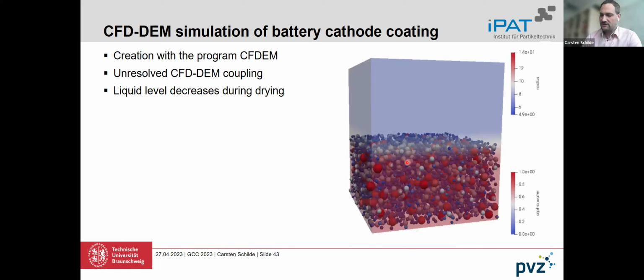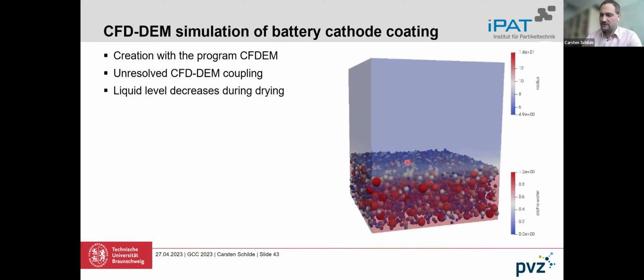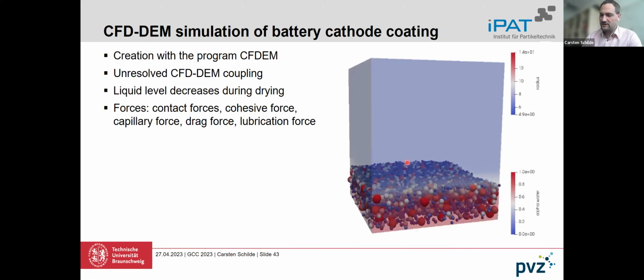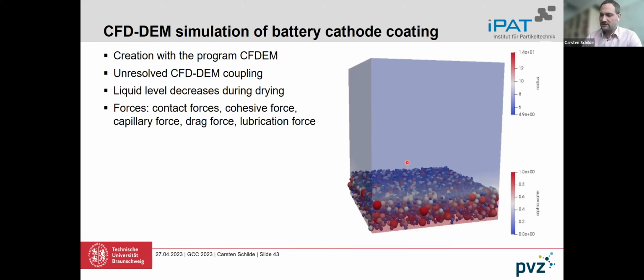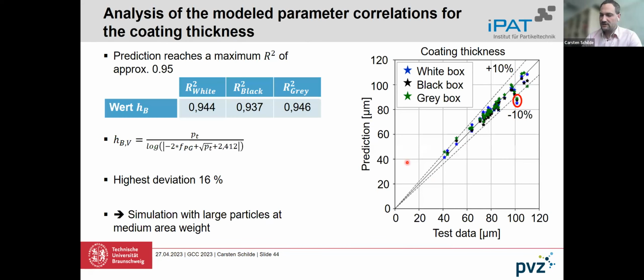And since I have no example for the grinding process up to now, I will show it on the simulation of the drying of a lithium-ion battery electrode, where we predict the height of our system using this genetic programming, which is given here in the middle.